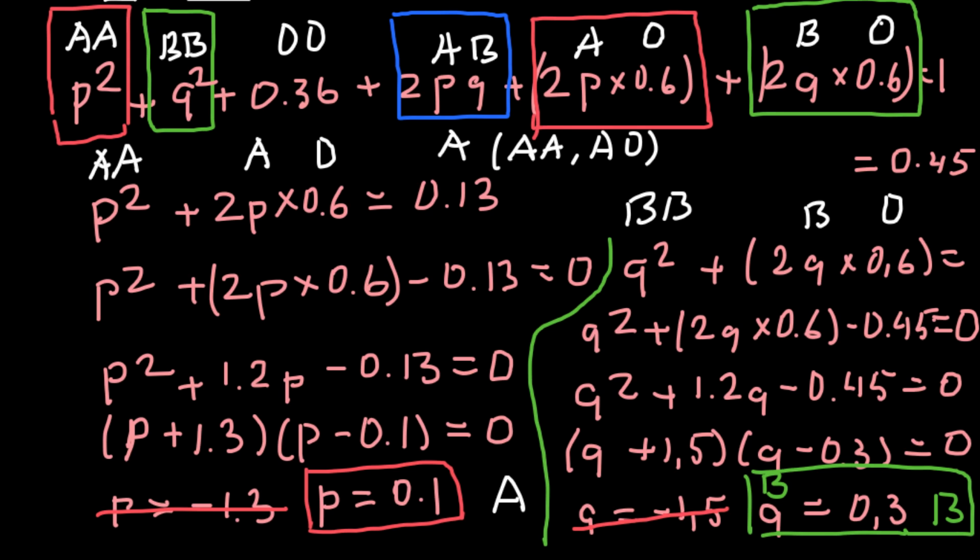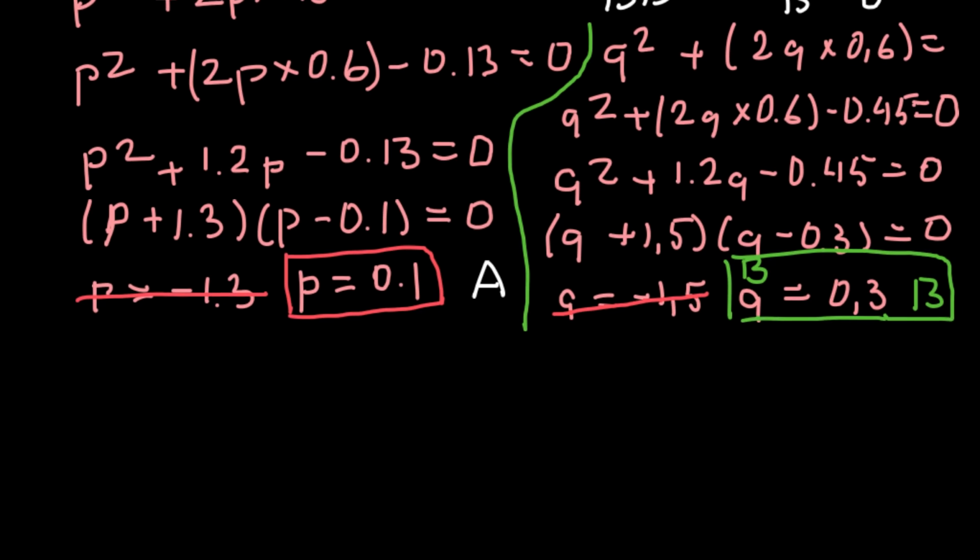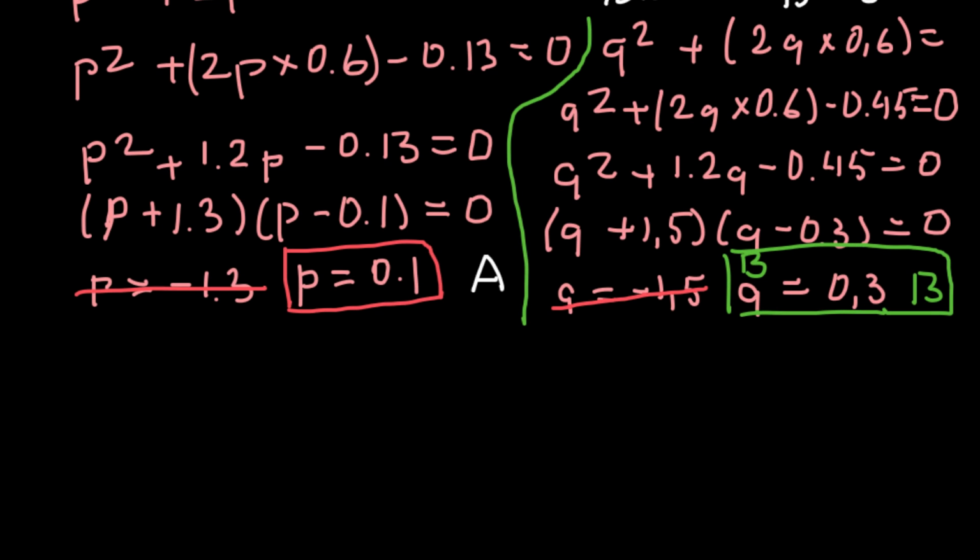So what we have to do, we have to multiply 2 by P, and this is 0.1, and multiply by Q, or frequency of the allele B in population, that is 0.3. So let's do it, and let me once again move our calculations.